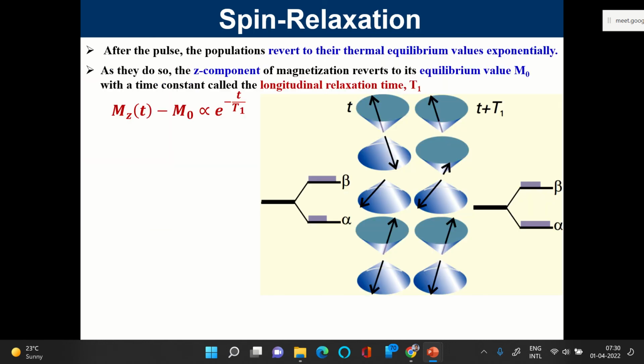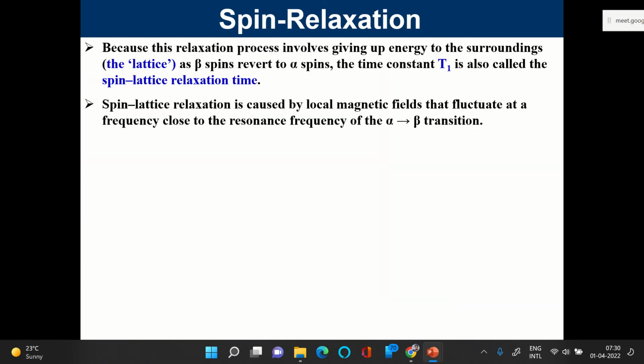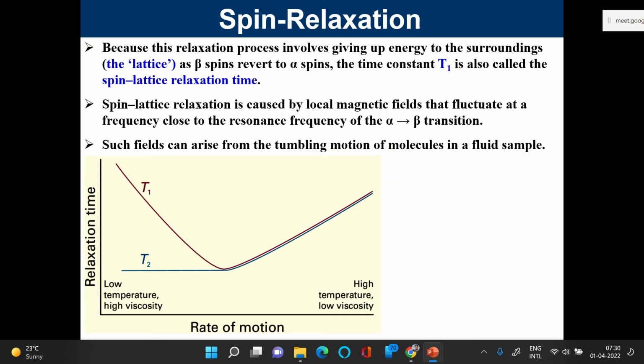I'm going back to the previous slide. Yes, tumbling. This graph is important: the variation of T1 with this tumbling motion, whether it is fast or slow, will affect the relaxation time.